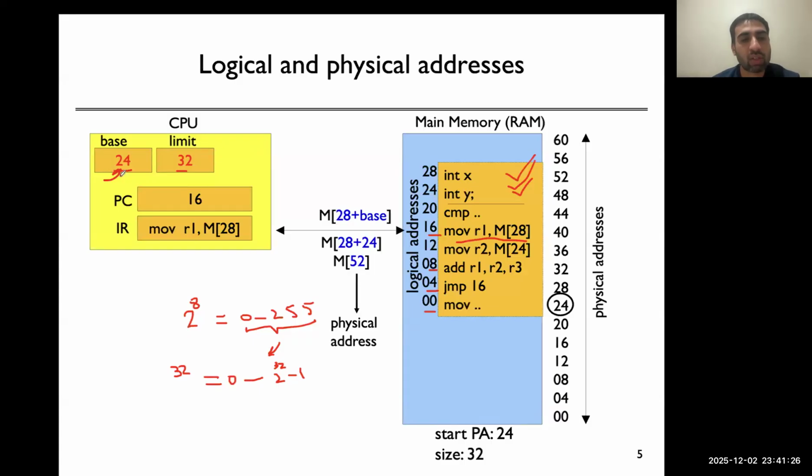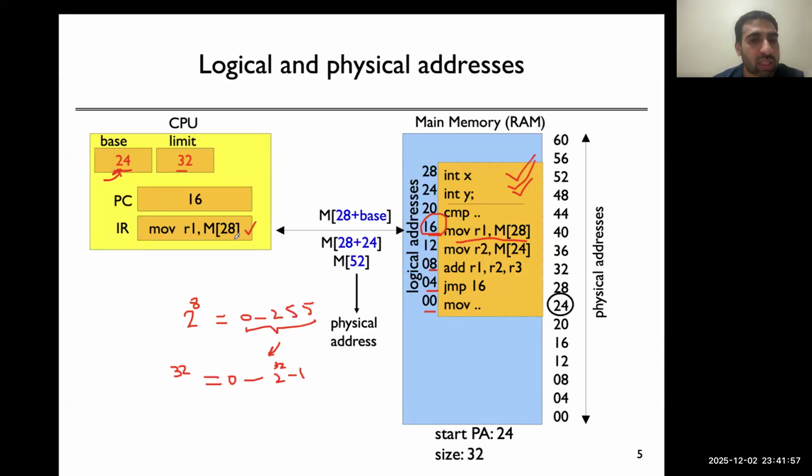Let's say the value of the base register is 24 and the limit is 32, and these values are loaded into the registers. At the time point where we take the snapshot of the execution, we have the program counter equal to 16, which means the next instruction to be executed will be this move instruction, and in the instruction register we have the code of this particular instruction, right?